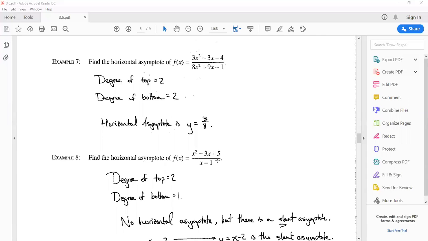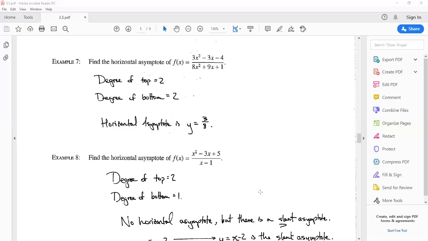But we can see that the degree of the numerator is exactly 1 more than the degree of the denominator. So there will be a slant asymptote, a non-horizontal line, a line with some non-zero slope that this function sort of approaches or hugs against as x goes to infinity and as x goes to minus infinity.